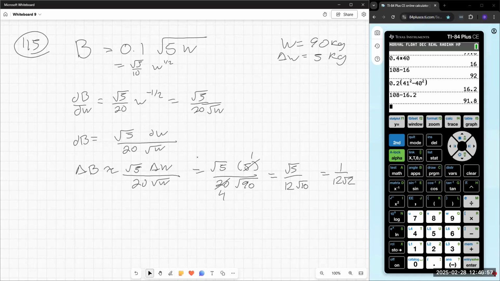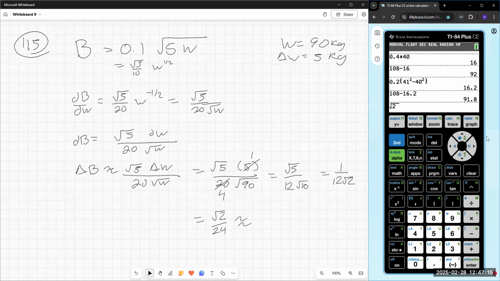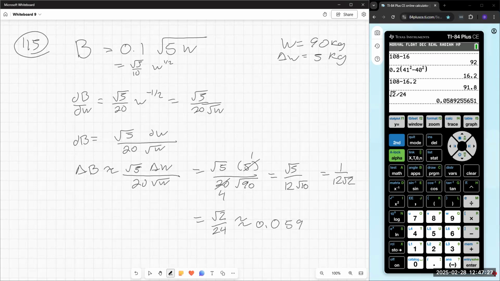So that's my exact answer. And I'll rationalize that here to be root 2 over 24. And then we'll approximate that, root 2 over 24 is about 0.059, and my units here for BSA are square meters.